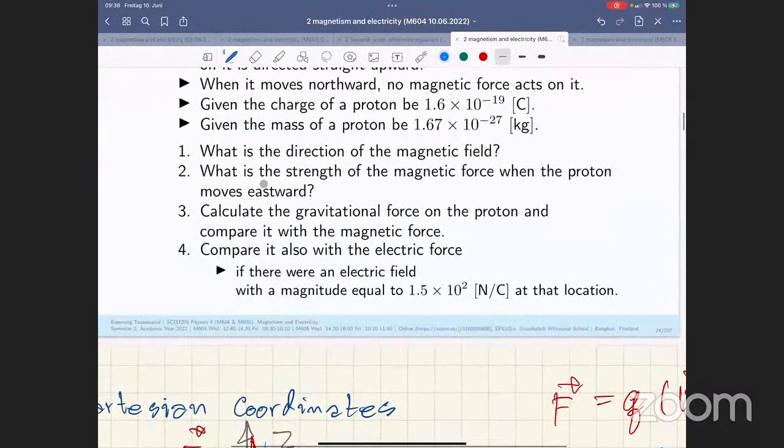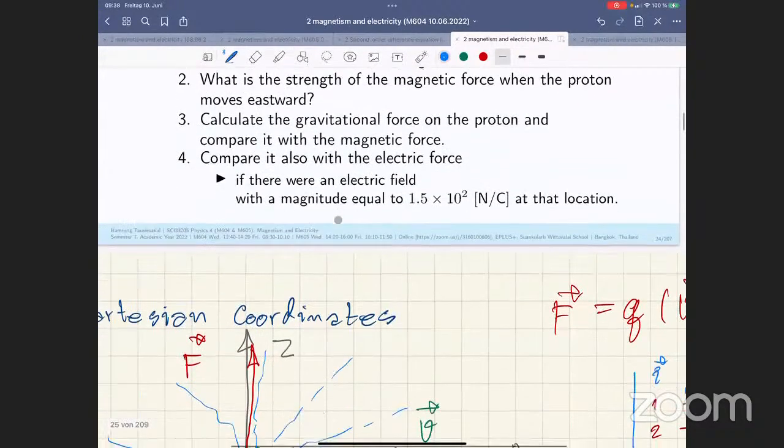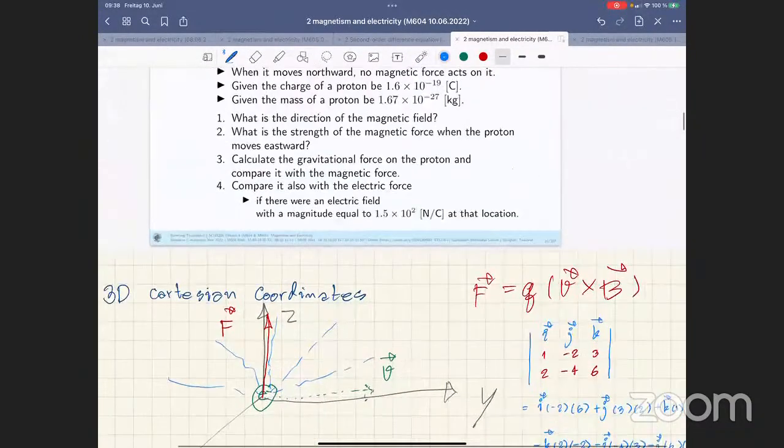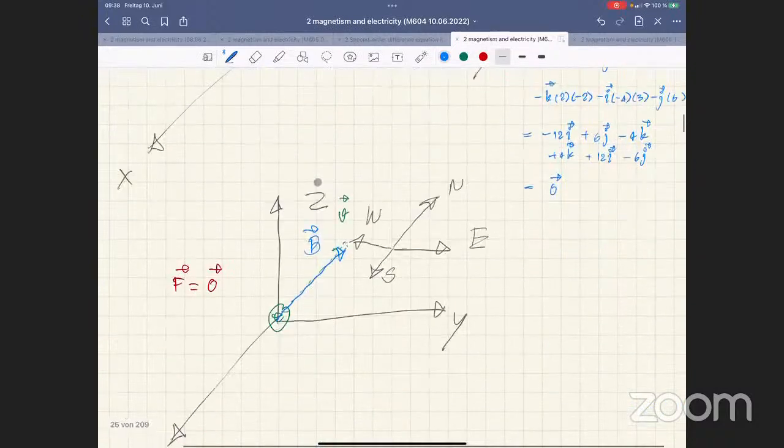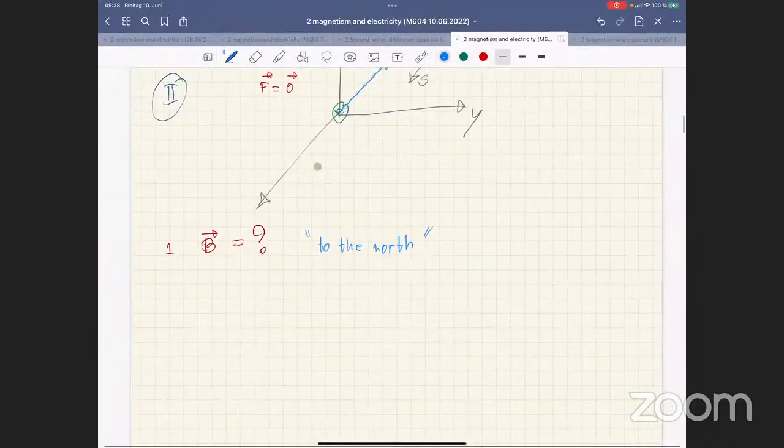What is the strength of the magnetic force when the proton moves eastward? Eastward. The strength. Okay. What does strength mean?